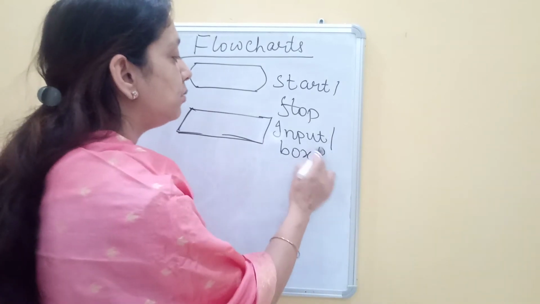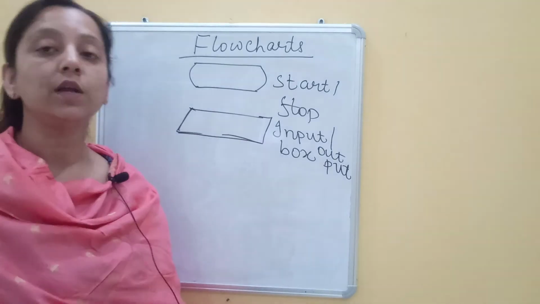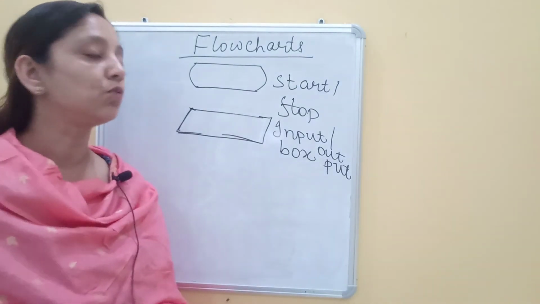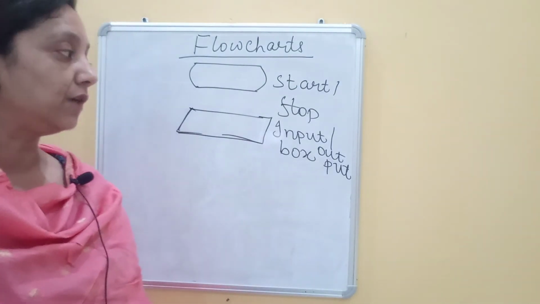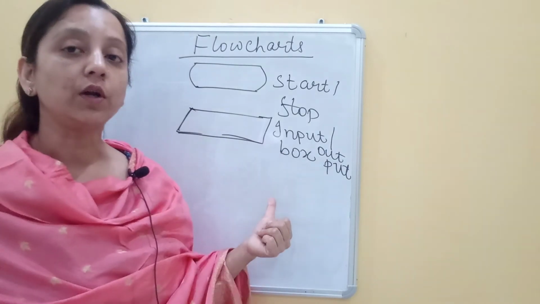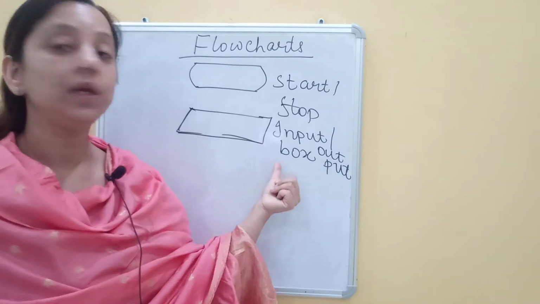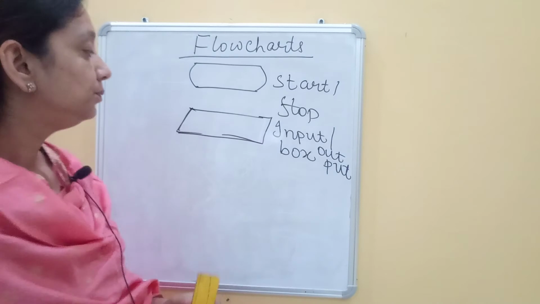Basically it is not just an input box but the input and output box. It is used for inputting and outputting the information. Whatever information or data we do not have, we take it from the user through the input box. Similarly, whatever data we have to display to the user, we output it through the output box.